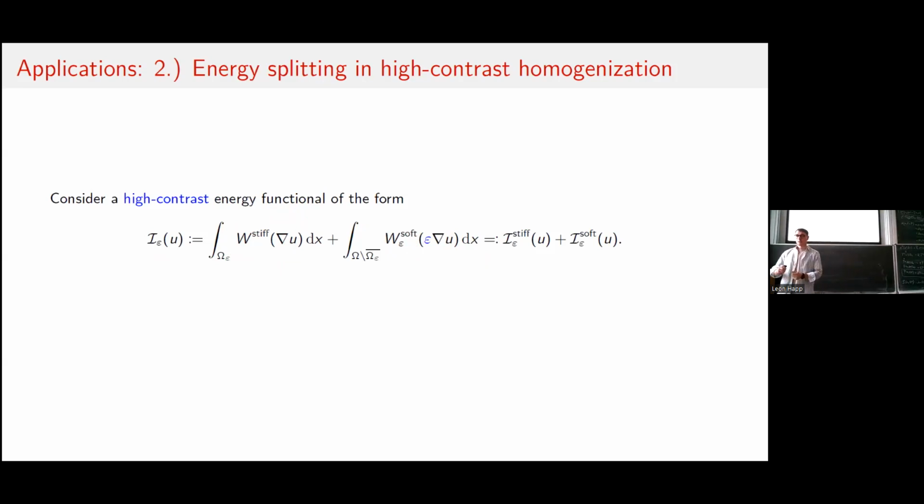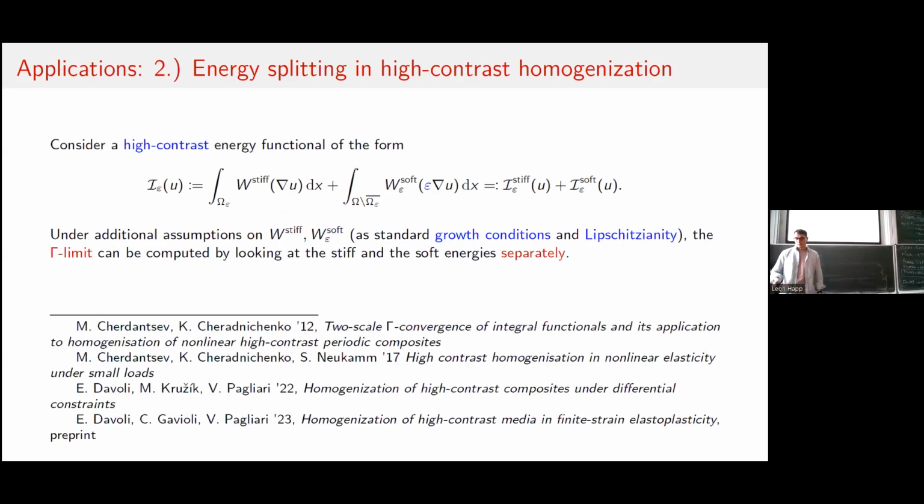And you think about these as elasticity functionals here or densities. Yes, then you can see that you will have completely different behavior in the holes and in the matrix, and you will deal with some energy functional like this, for example. And so you can write this as a contribution from the stiff and from the soft part, from these applications I just told you about in elasticity, for example. And then if you put additional assumptions on the stiff and the soft energy functionals, like standard growth conditions and some regularity, then in some instances, it can be shown that you can really separate the problem of deducing the Gamma limit of these energy functionals, which is peculiar for those of you who know, because Gamma limits are normally not additive, right?